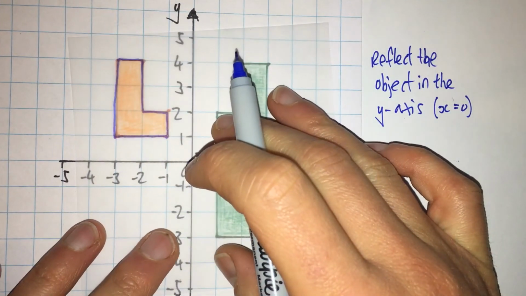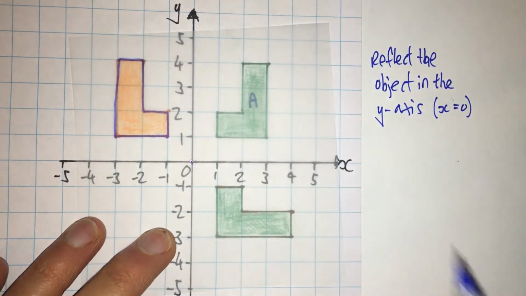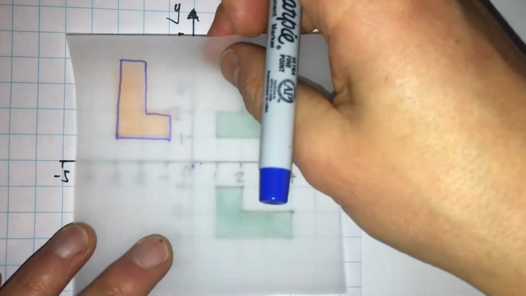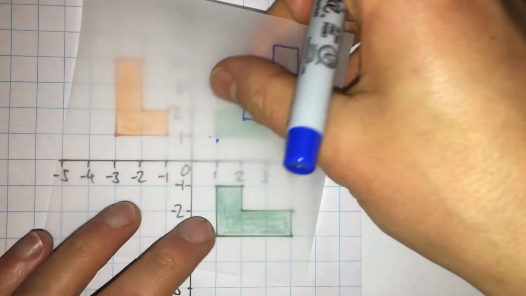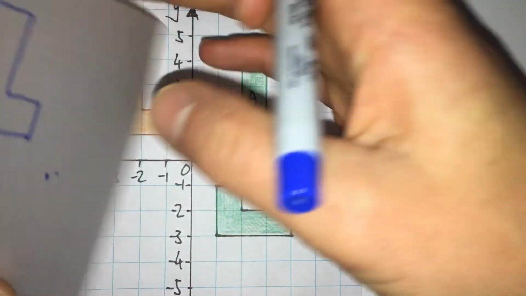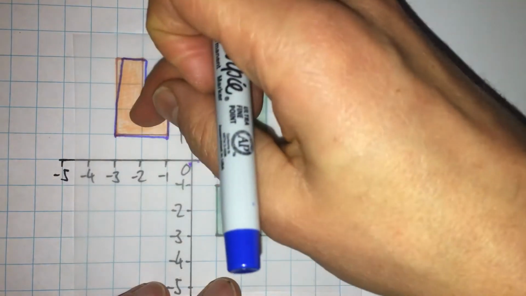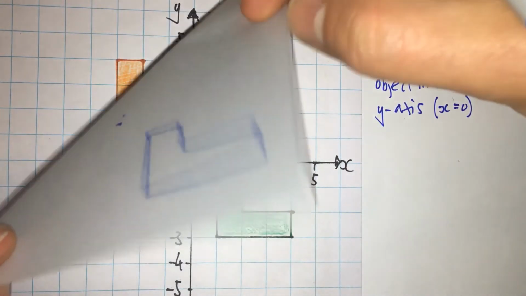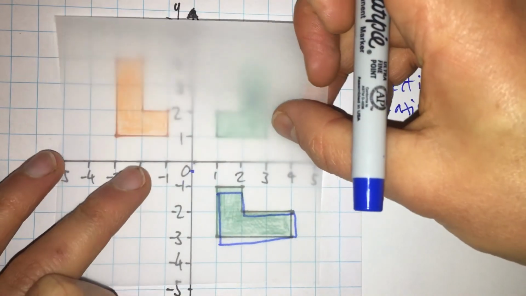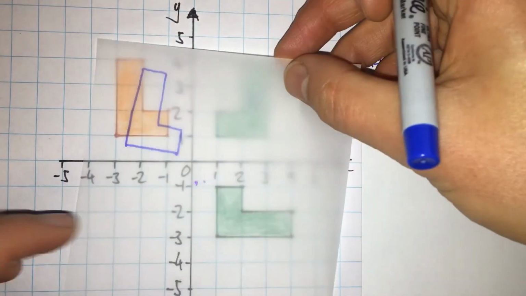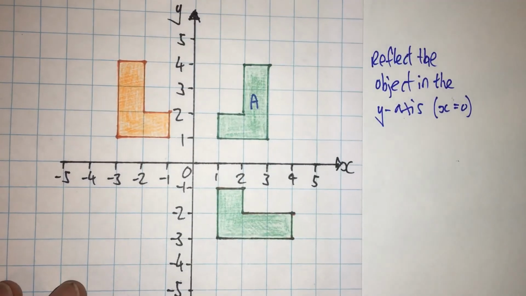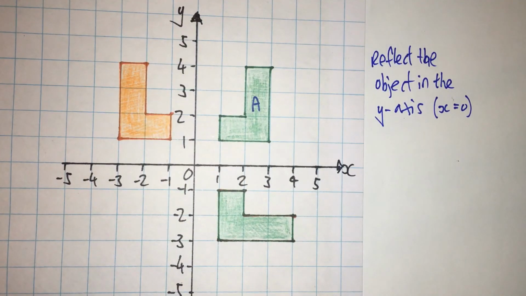Now it's actually a reflection, but where is the mirror line for this? Well, what we can start doing is lift the tracing paper up, turn it over and see how it's gone from here to here. Well, it looks like if I fold it that way, it's going to end up in that position. But what mirror line? Where's the mirror line that causes that reflection? Well, it's the line y equals x.